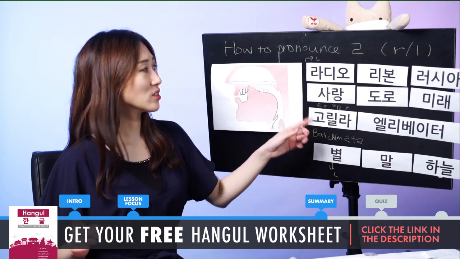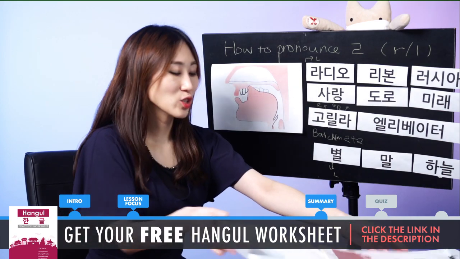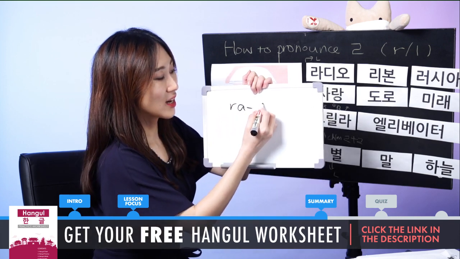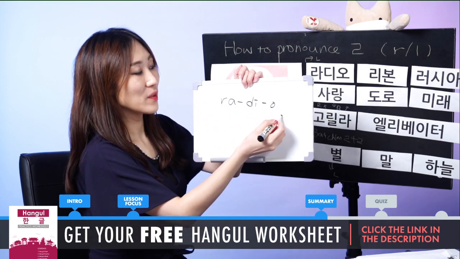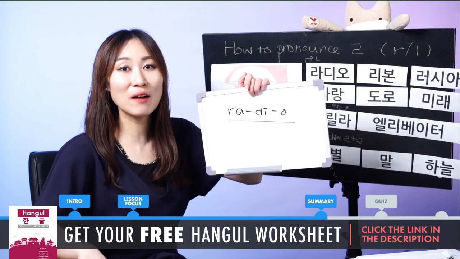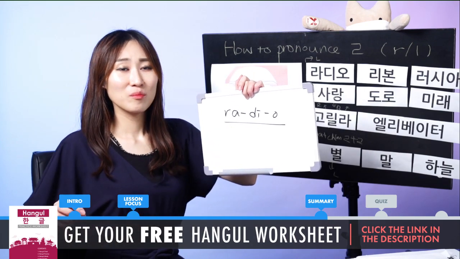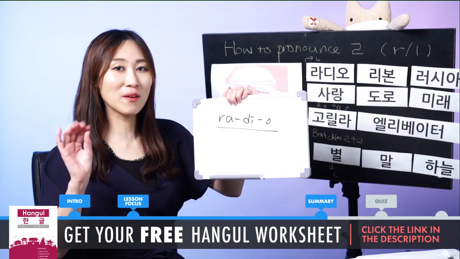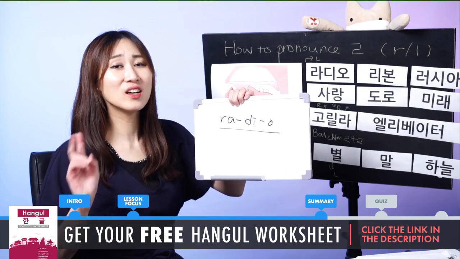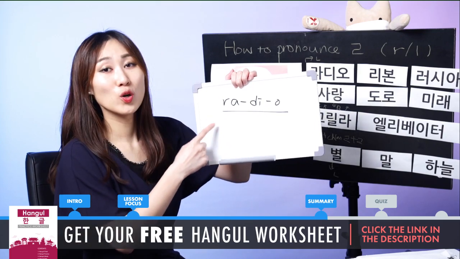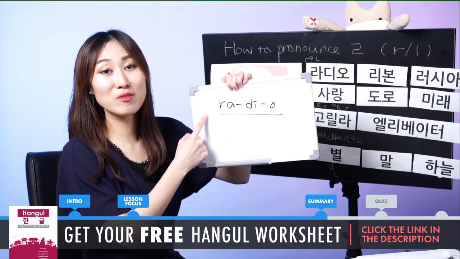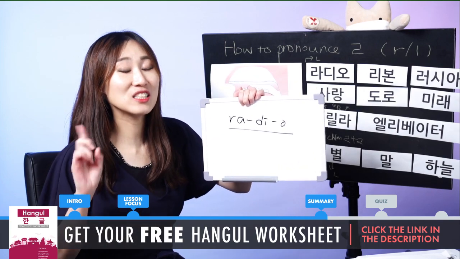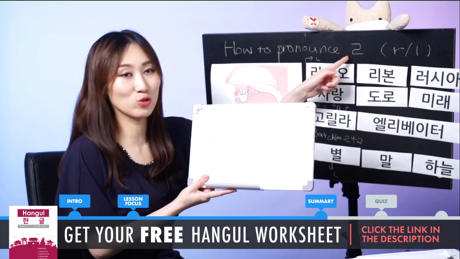In many romanizations, the romanization of radio is "la-ti-o," because this is what the Korean government decided. If people mix R and L or other sounds, it's very confusing. So the government actually decided the romanization rule. So that's why our website follows the government rule. But again, it's just a romanization. It sounds very different from the actual Korean sound.